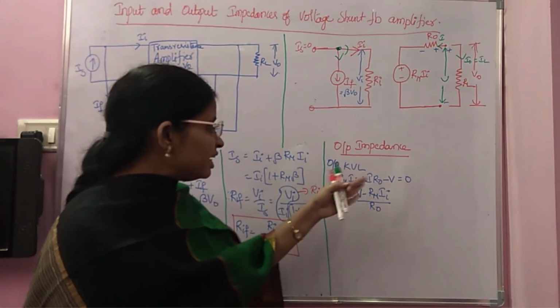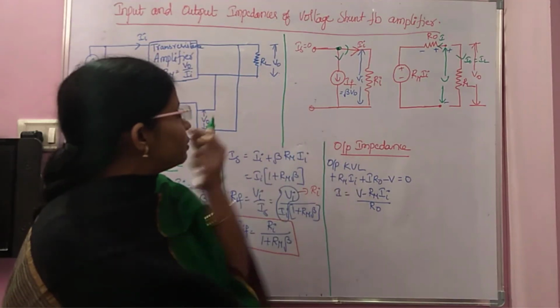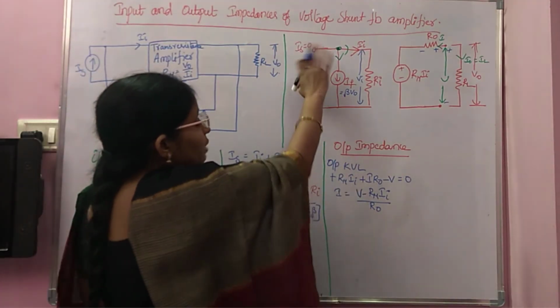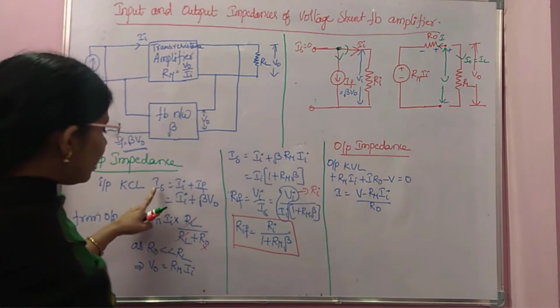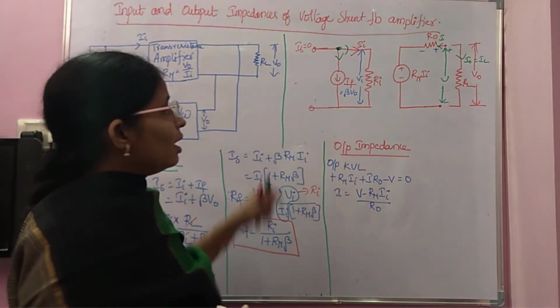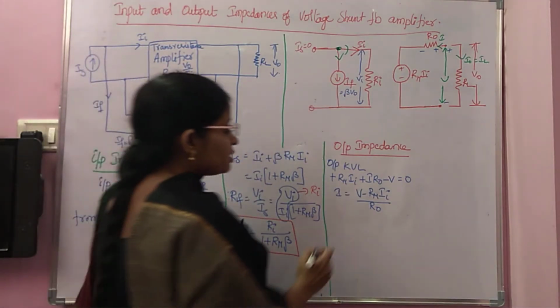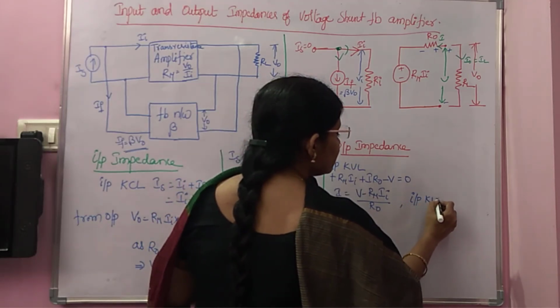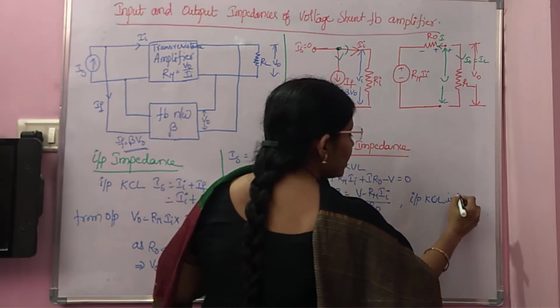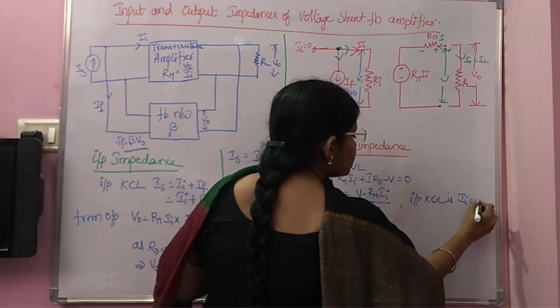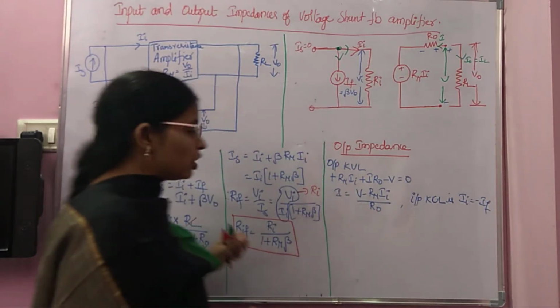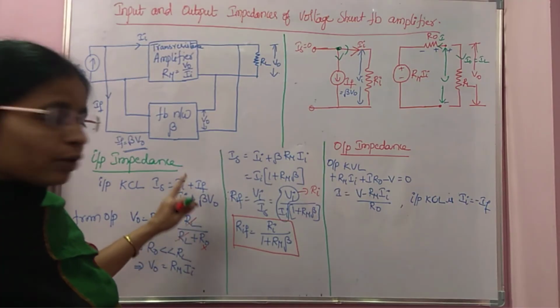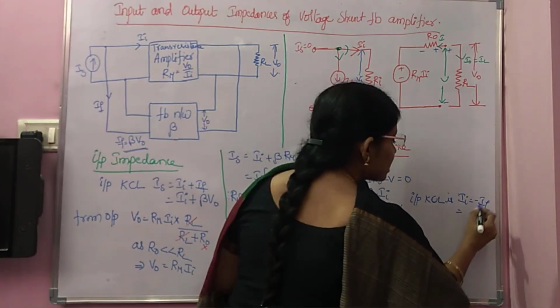Now you must write an equivalent for Ii from the input circuit. As Is is equal to 0, the input KCL gives Ii is equal to minus If, because Is is equal to 0. What is this If?